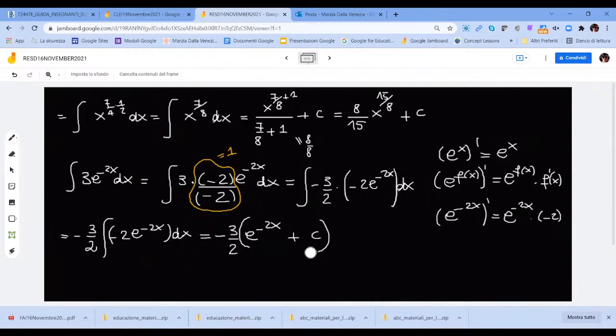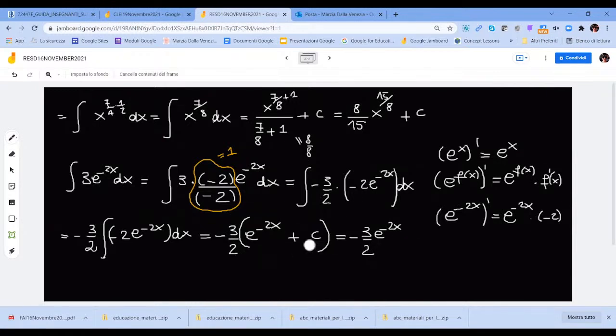But regarding the arbitrariness of the constant c, we can write minus 3 half times e to the minus 2x plus minus 3 half c, that we can call c1. It is not important because it is only a name for a constant. In the particular case, we should have extremal points, for instance, lower and upper bound of this integral.